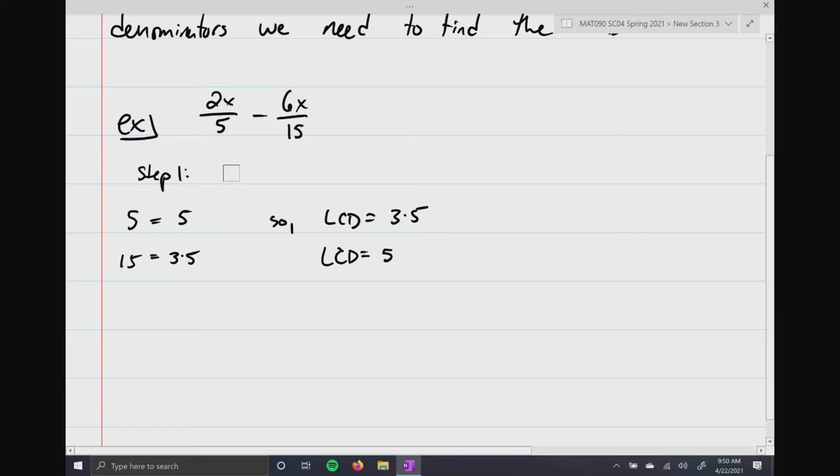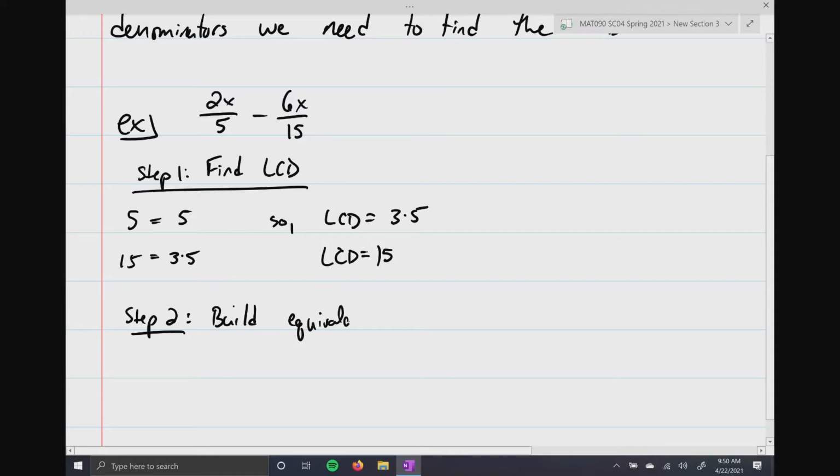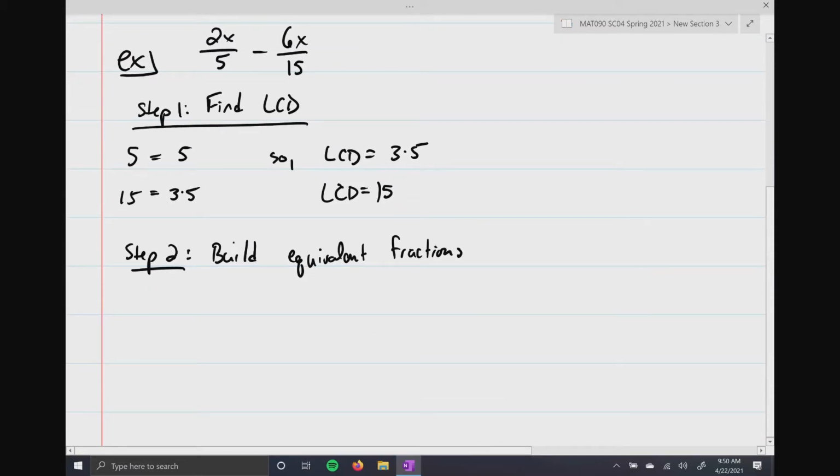Maybe I should have written out find LCD. Step 2. We're going to build equivalent fractions. Now, here's how we do this. So, if you want, just watch for a second.